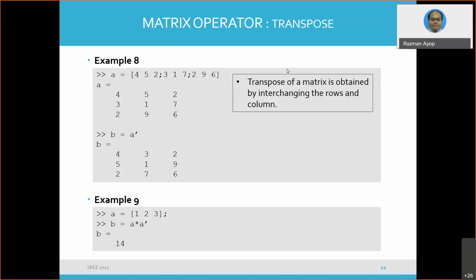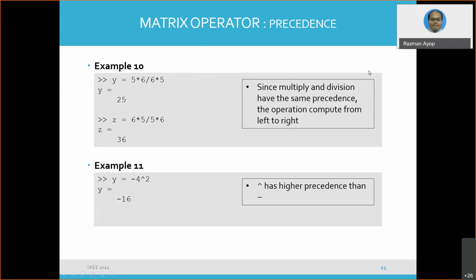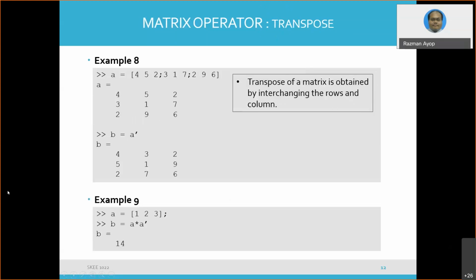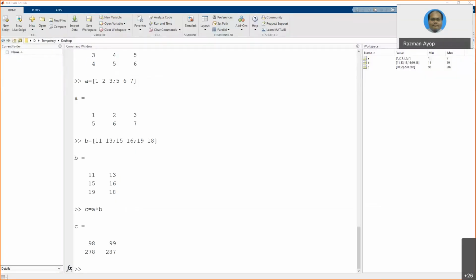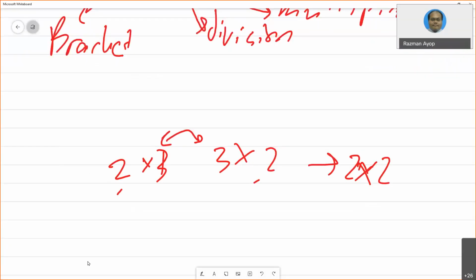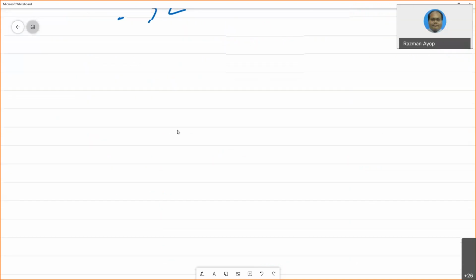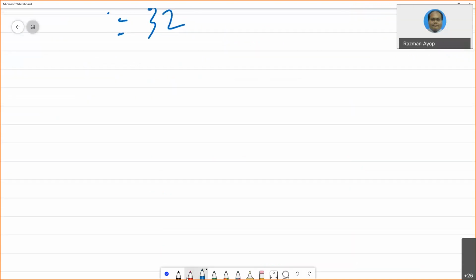Okay, for example 8, we will start with transpose. So you have to remember back what transpose is in matrices.